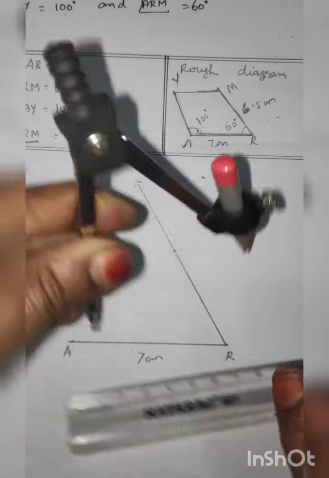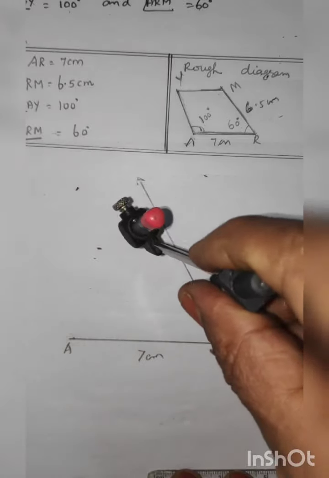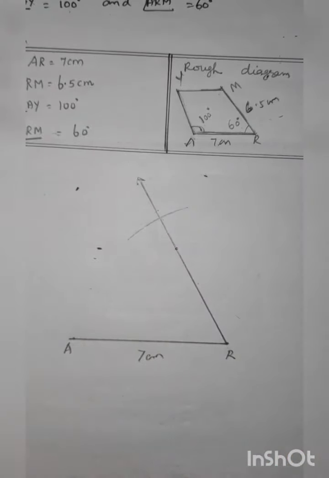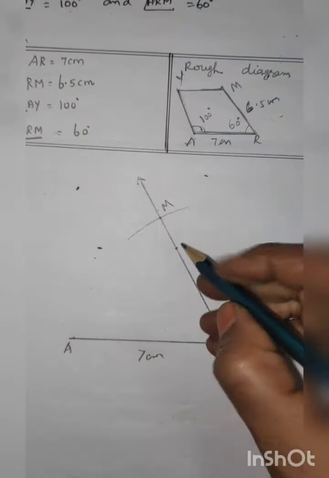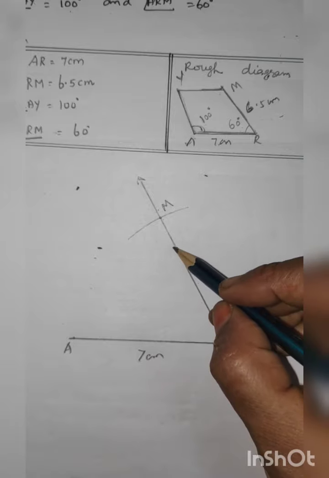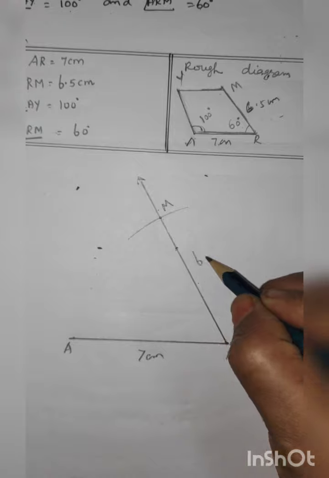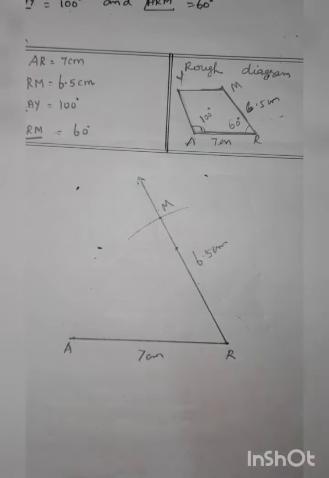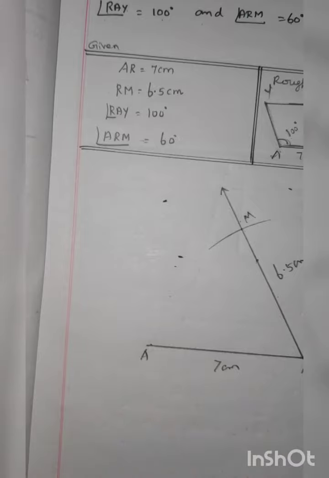See there correctly. Now cut the arc. Now the coming point, what is the point? M point. After cutting the arc only you want the point, right? Should not mark here. This is the 60 degree measure. Now cut the arc only, what centimeter there? 6.5 centimeter.